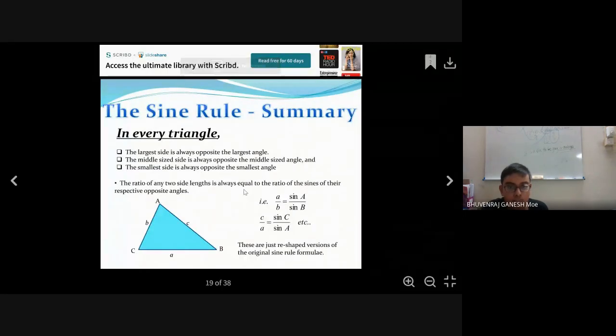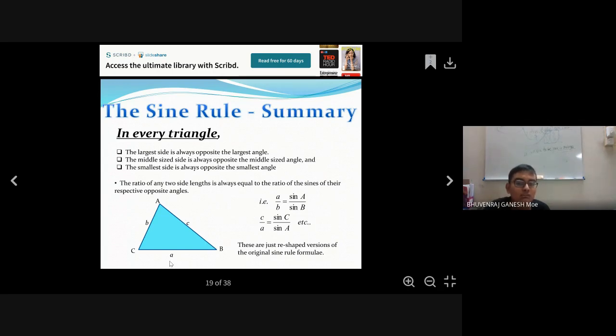Then the sine rule summary. This is how we derived the formula just now. Largest side is opposite to largest angle. Middle size side is opposite to middle size angle, and smallest side is always opposite to smallest angle. So the ratio of any two side lengths is equal to the ratio of the sines of their respective opposite angles.